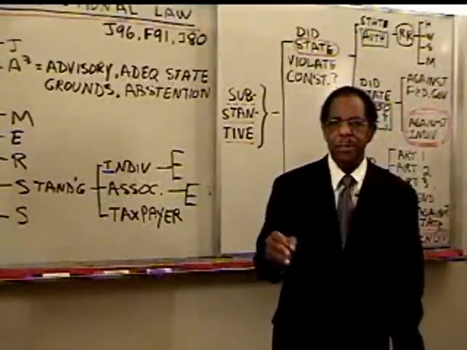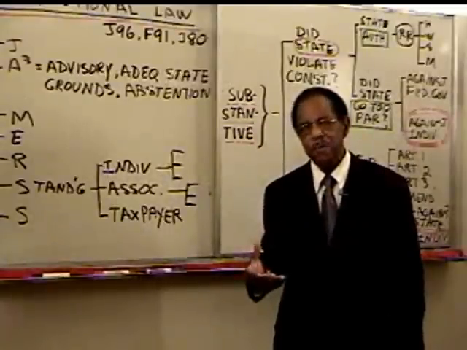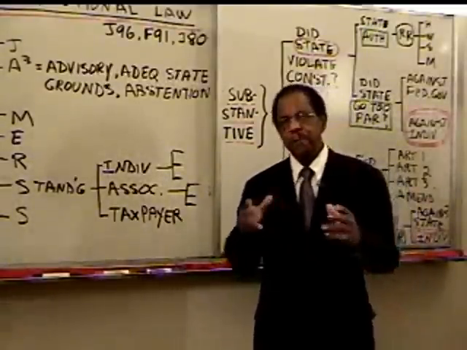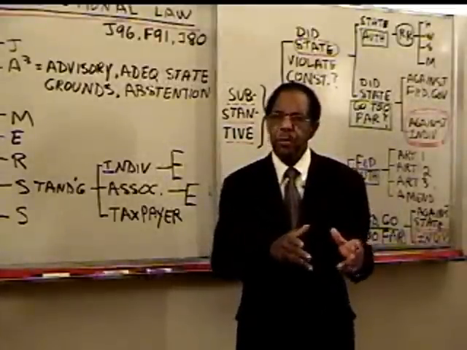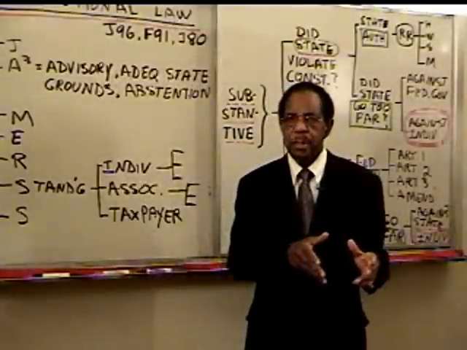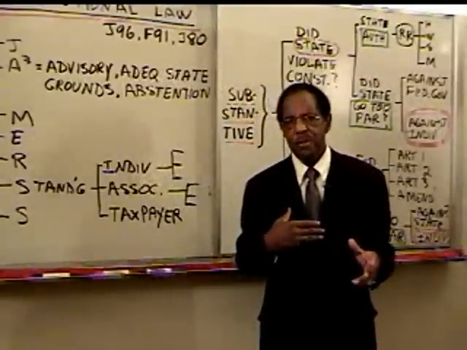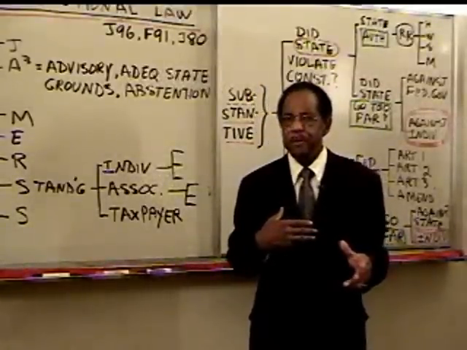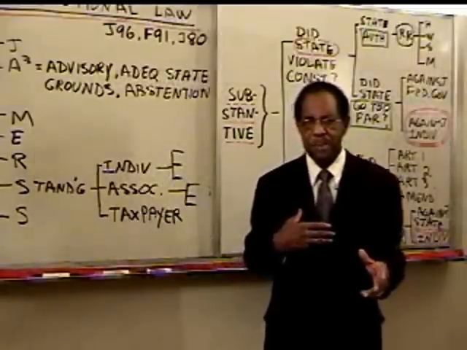But the point is that if you claim that the new state law has violated some 14th Amendment right and you go to federal court, your remedy is going to be an injunction or declaratory relief. And that will stop the state from continuing to violate your 14th Amendment right. But you cannot get damages from the state under the 14th Amendment, okay?